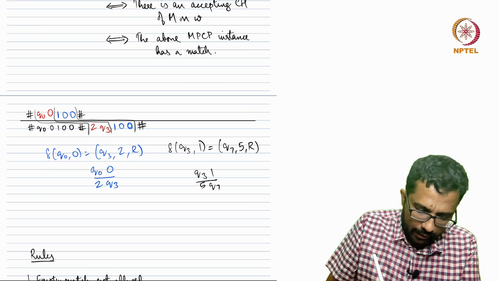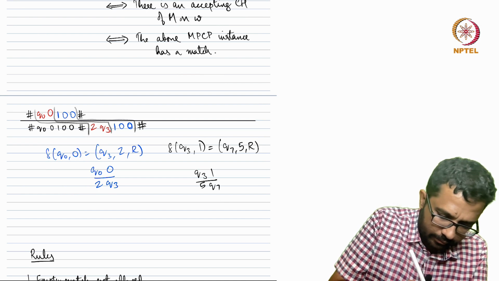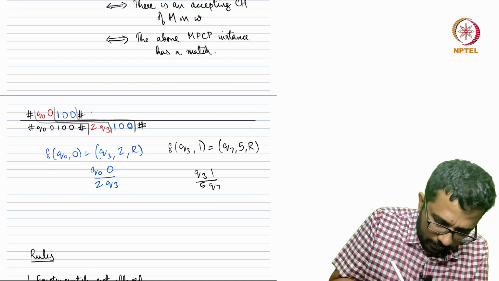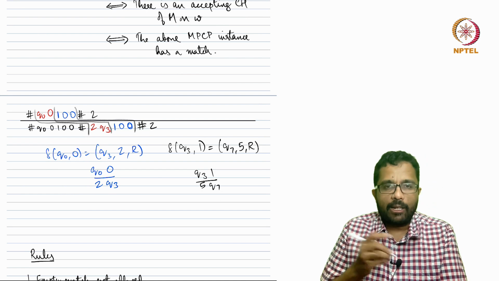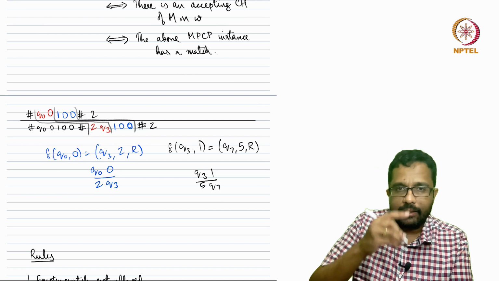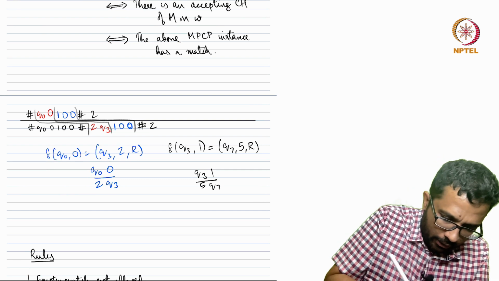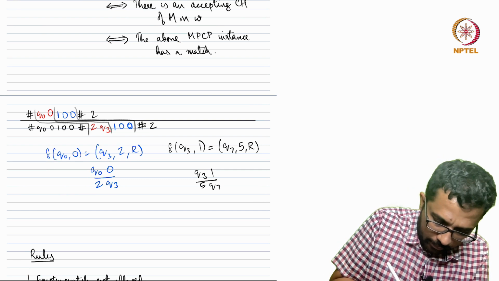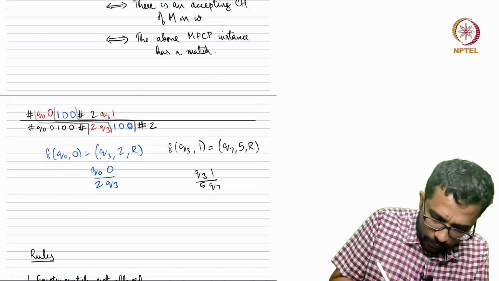Now I will use two on the top and two on the bottom. The symbols in the same color are the ones that match up, that are part of the same domino. And then I have q3 1 on the top from this domino, and 5 q7 on the bottom.